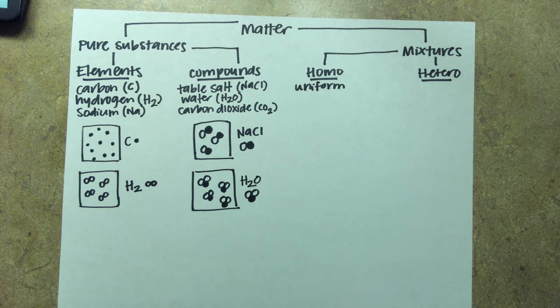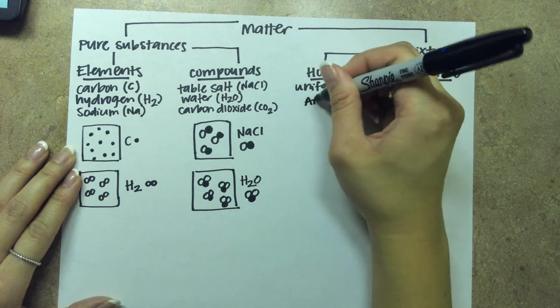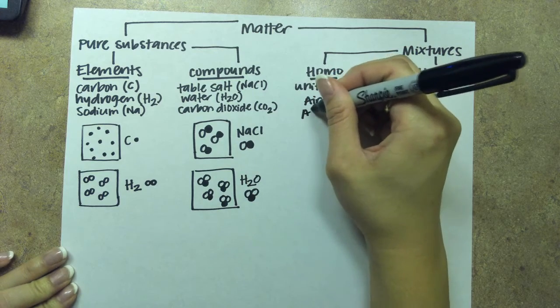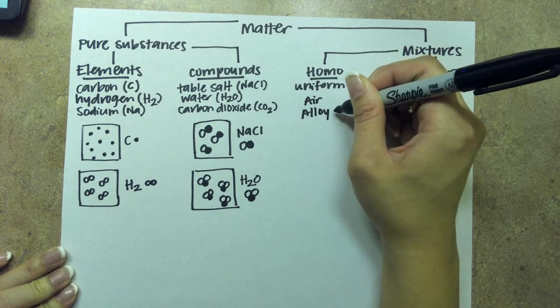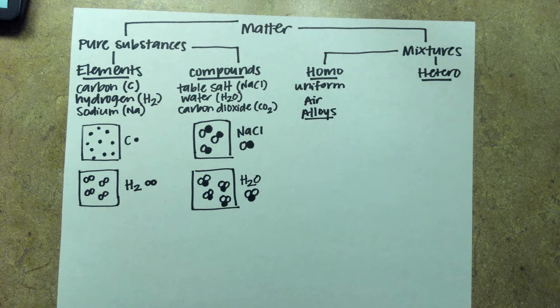So some examples of a homogeneous mixture are like air, so the air we breathe. You have things like alloys, so this is a key vocab word that we expect y'all to know. So an alloy, just as a reminder, is basically a mixture of different metals. So something like stainless steel is composed of, I believe, iron, nickel, and a few other metals.